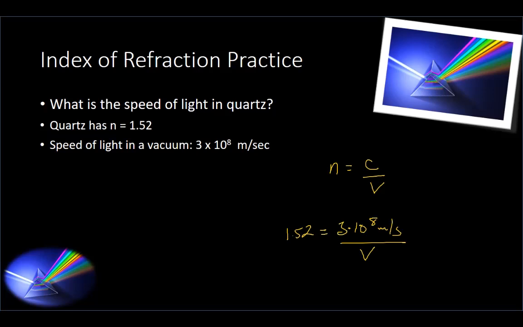If we want to solve, we can switch these two variables and we get v is equal to 3 times 10 to the 8th meters per second over 1.52. You can just go ahead and plug that in your calculator.